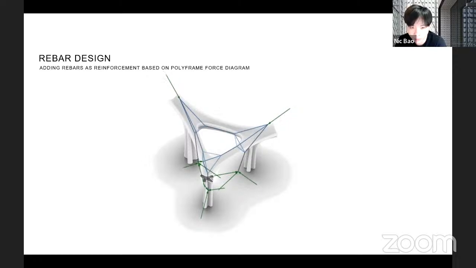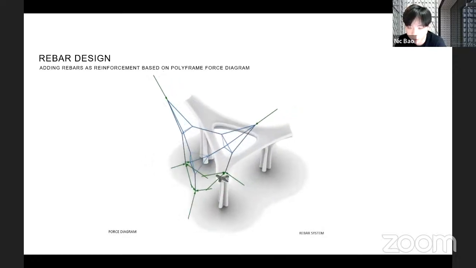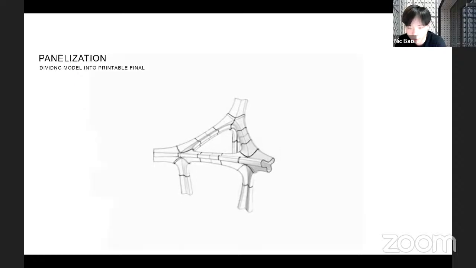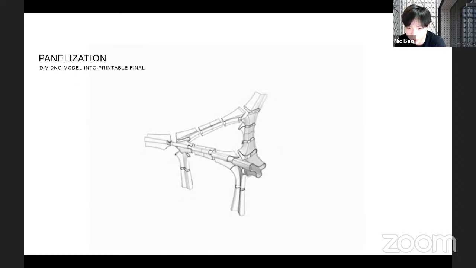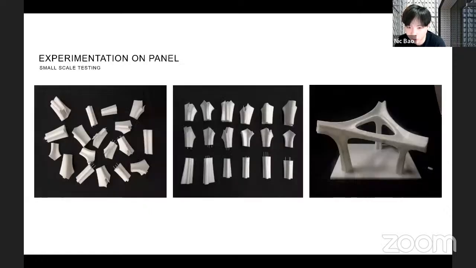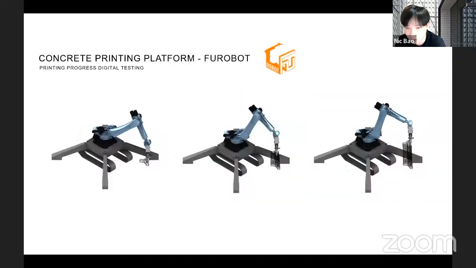Also, it was divided and steel bars were put in for reinforcement, because this is the largest project for 3D printed concrete, and also with generative design methods. Then we divided this project into different pieces for 3D printing, printed different components and tested using small scale 3D printers and the FU robots developed by Professor Philip Yuan.